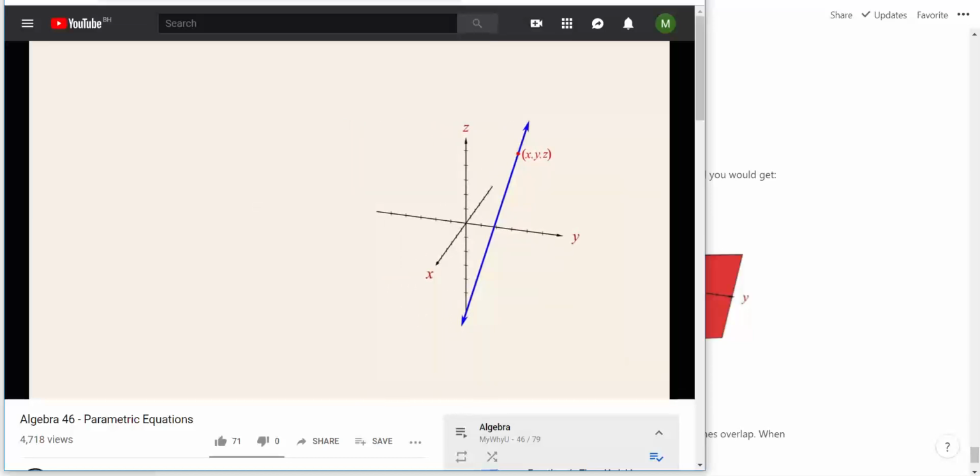This can be done by creating a group of parametric equations, one equation for each of the three coordinates.